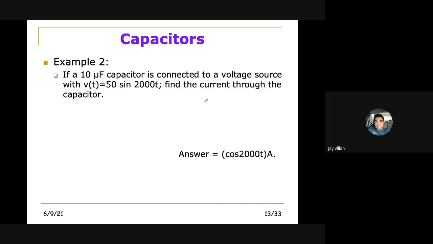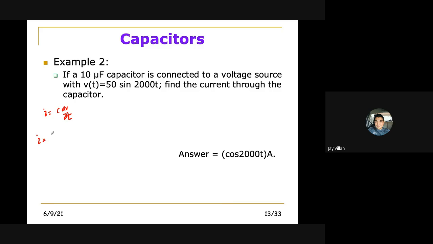This one, if a 10 microfarad capacitor is connected to a voltage source with Vt is equals to 50 sine of 2000t, find the current through the capacitor. Okay, so current is equals to C dV over dt.